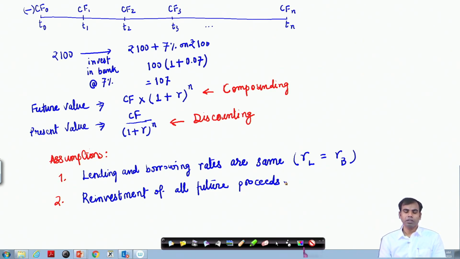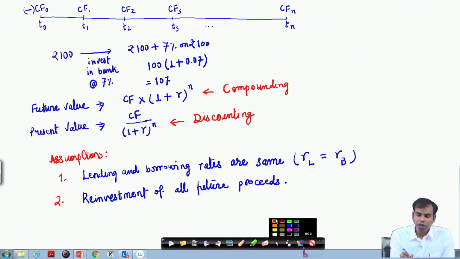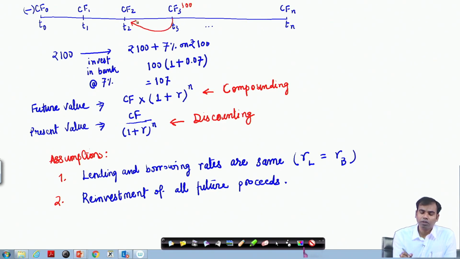So, basically what it means, if I try to highlight this assumption on the timeline, is that suppose you have some amount of money to be generated in future as CF3, which is basically your cash flow at time point 3, and you are reinvesting that money in the business or the bank where you are considering it to generate some return.